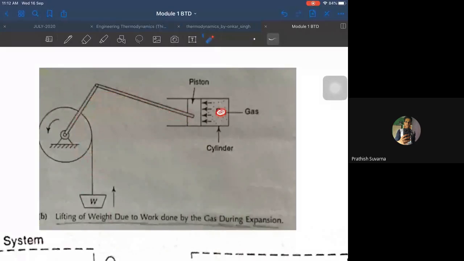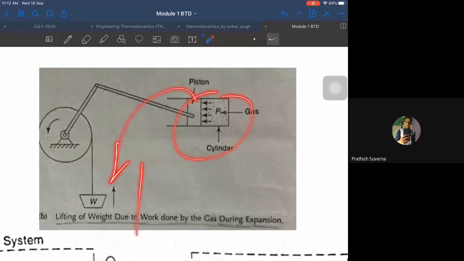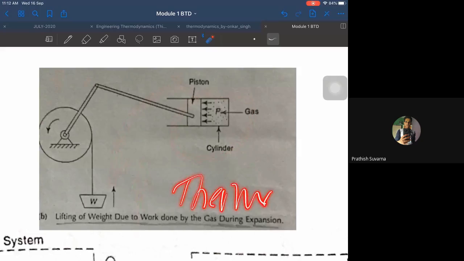The work done by the gas would be converted into a movement of the piston like this, and this movement of the piston can be converted by suitable linkages for raising of a weight. So when the sole effect external to the system is raising of weight, that is the thermodynamic definition of work.